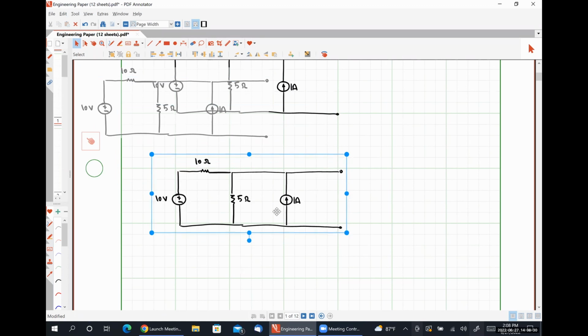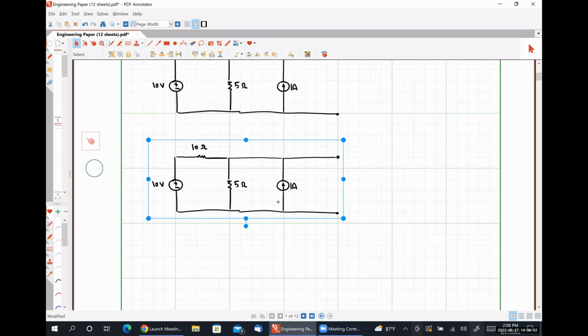And we're going to talk about finding VTH first. So Thevenin's theorem says that the Thevenin voltage is the open circuit voltage measured at the terminals of the live network.